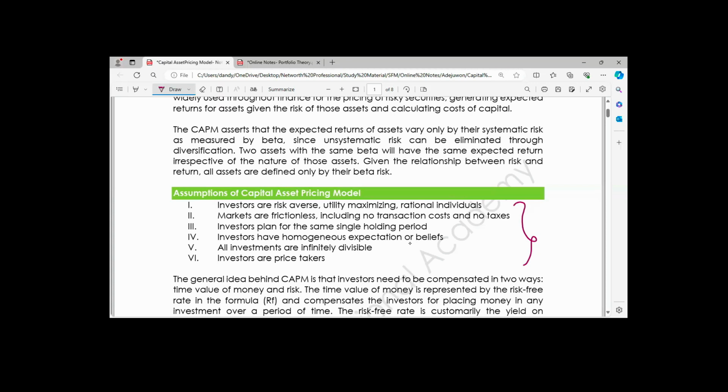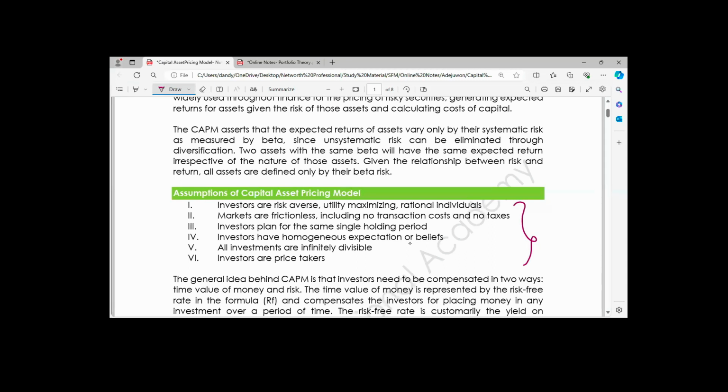Somebody that can take a higher risk is different from someone that cannot. It is expected that the higher your risk, the higher will be your return. So if you are saying that investors have homogeneous expectations, the outcome will be the same thing. It is not possible in reality.